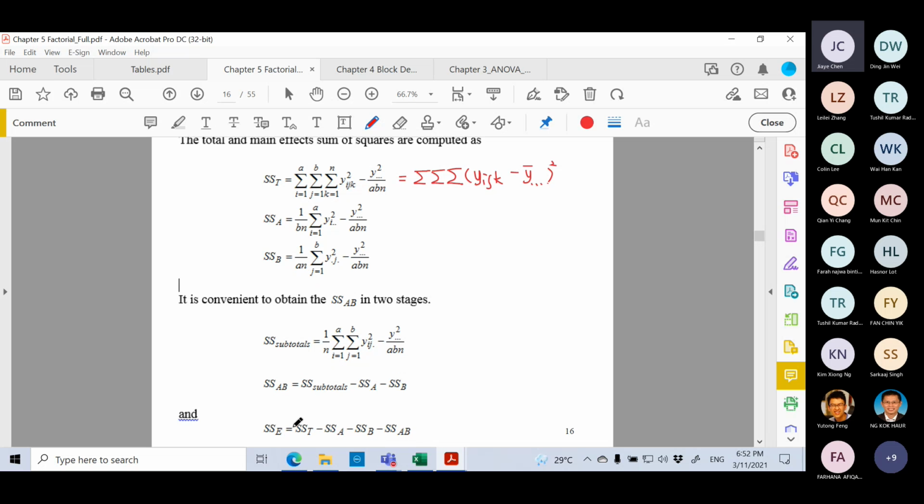Finally, we no need to memorize the SSE. We just use the sum of squares for total minus away A, B, and AB, and then you get your sum of squares for error.